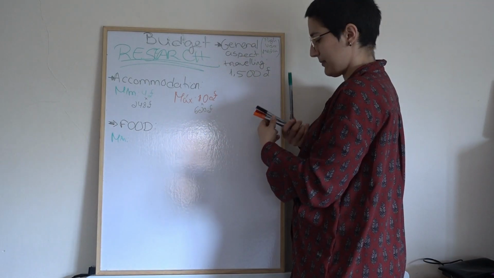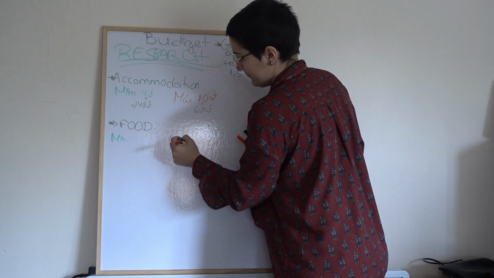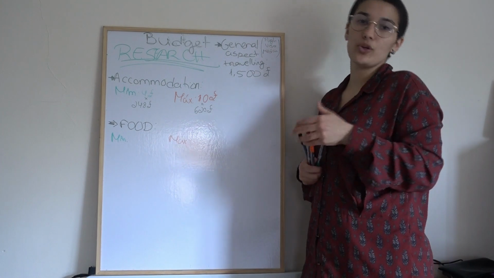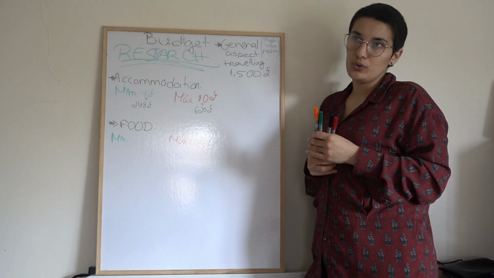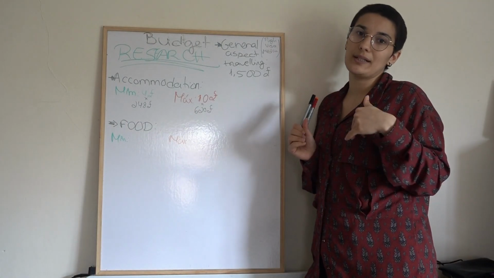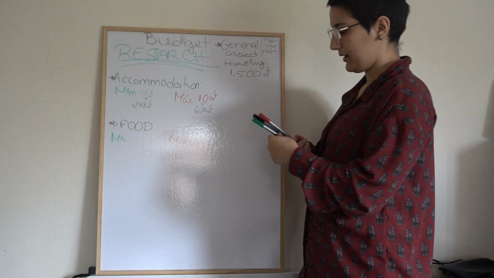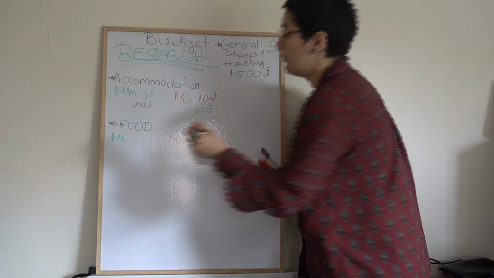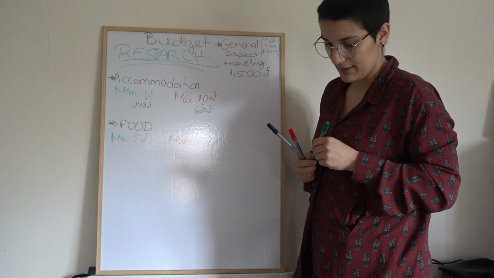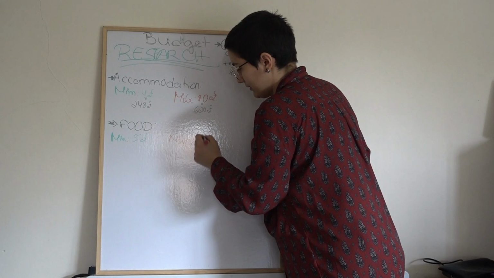The maximum I would spend per day on food. Again, here it's up to you. In this category, I normally do most of my meals eating out, mainly street food, markets, nothing rich. The minimum would be £5 a day for food, and the maximum amount would be 15 pounds.